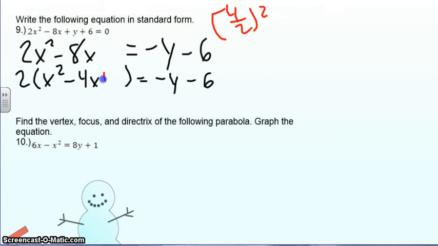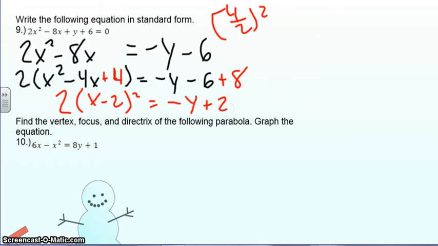I'm going to get positive 4, so I'm going to add that to the left side in the parenthesis. And then remember, on the right side, I have to add 8 because it's 2 times 4. Okay, so I have 2. And then if I factor that, I get x minus 2 squared equals negative y plus 2.